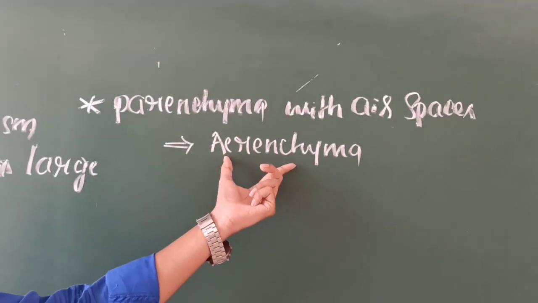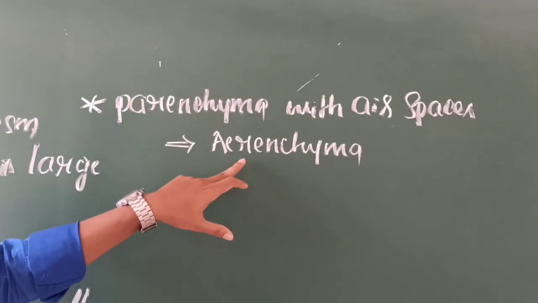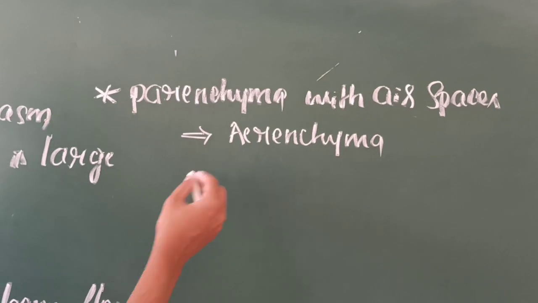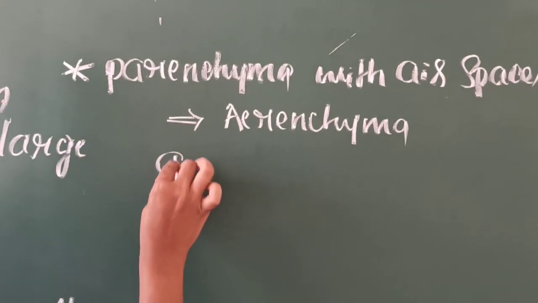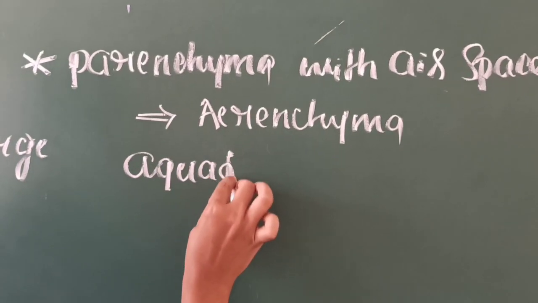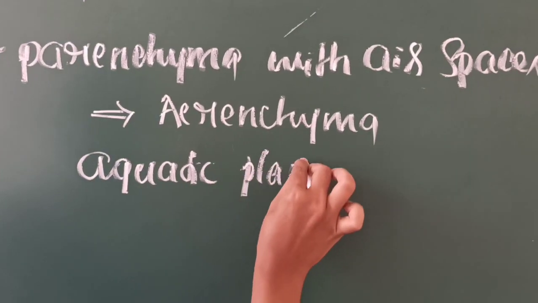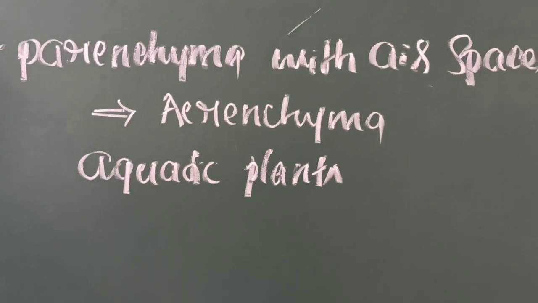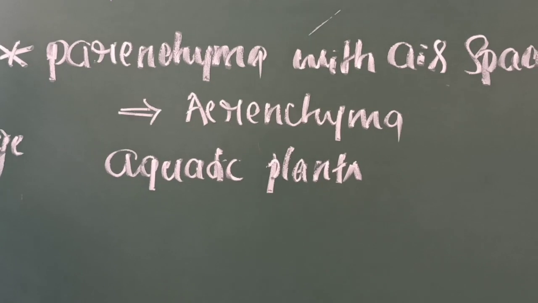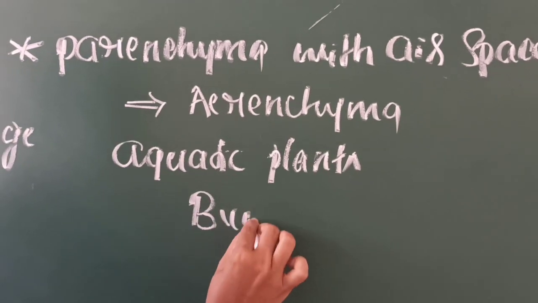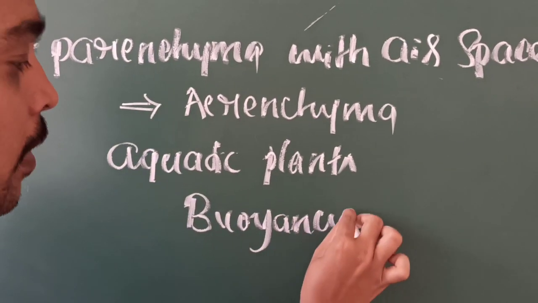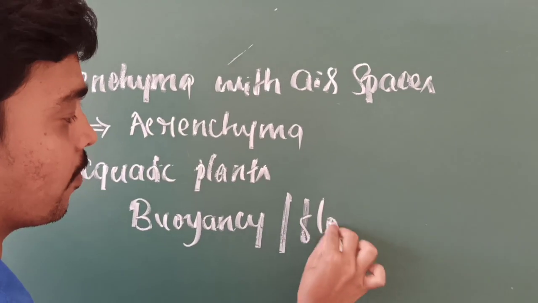Where is it present? This tissue is present in aquatic plants. Then what is the role of aerenchyma in aquatic plants? It helps in buoyancy. Buoyancy means floating.